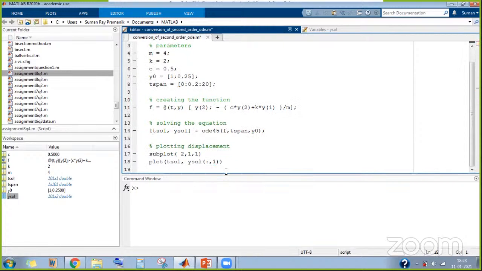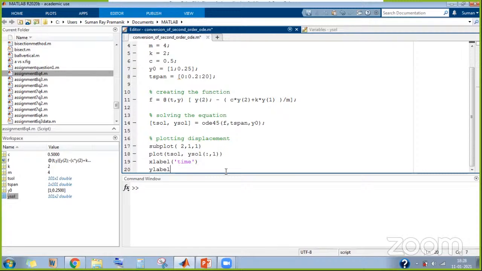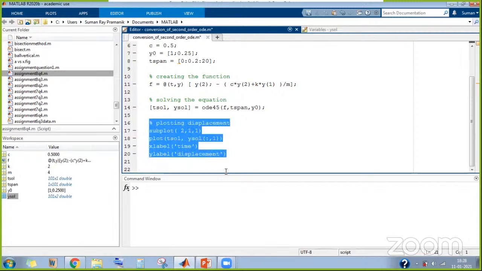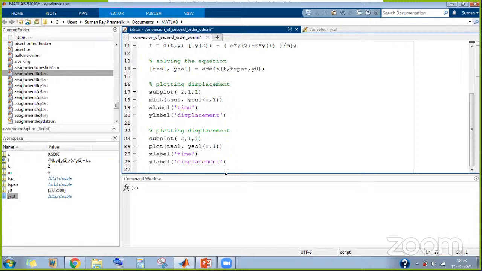Now let us also give some labels. The X label will be time and the Y label will be displacement. Okay, let's copy this and we will just make a few changes for velocity.